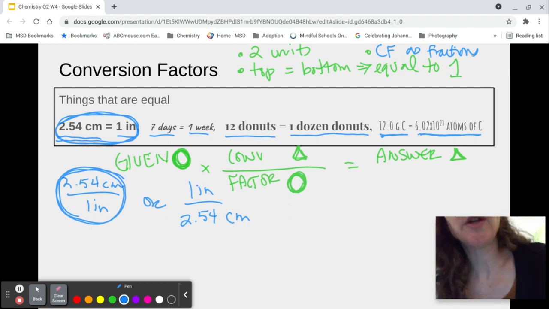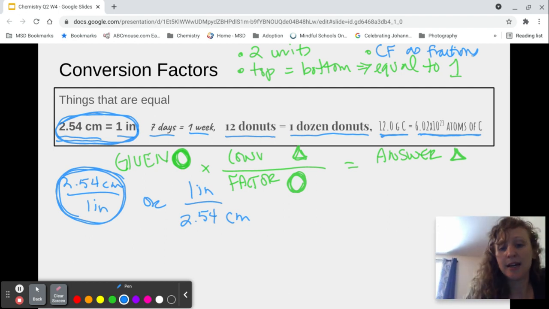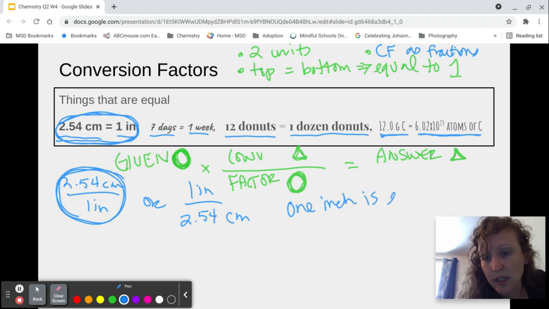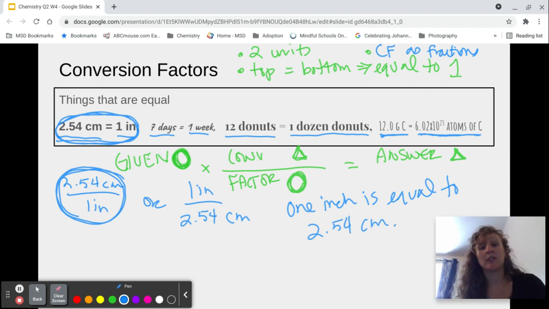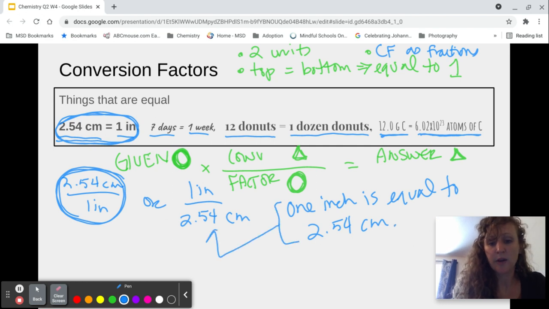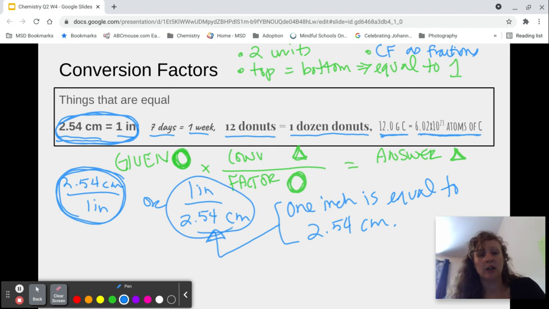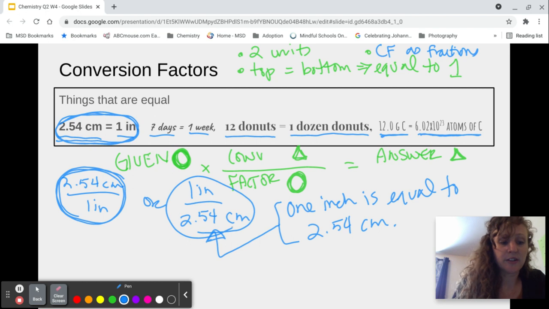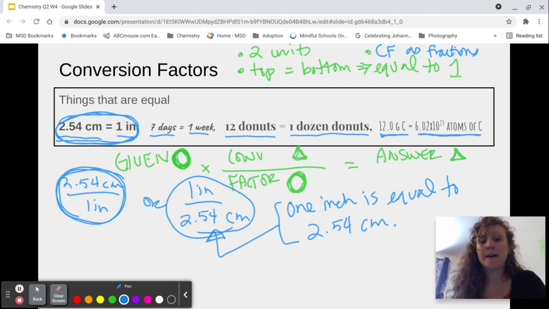They can also be written out in a sentence like 1 inch is equal to 2.54 centimeters. Okay, we have a conversion factor there that's written as a sentence. In order to use it in dimensional analysis, we're going to have to put it into a fraction. Okay, so some of our conversion factors can be things that are equal.